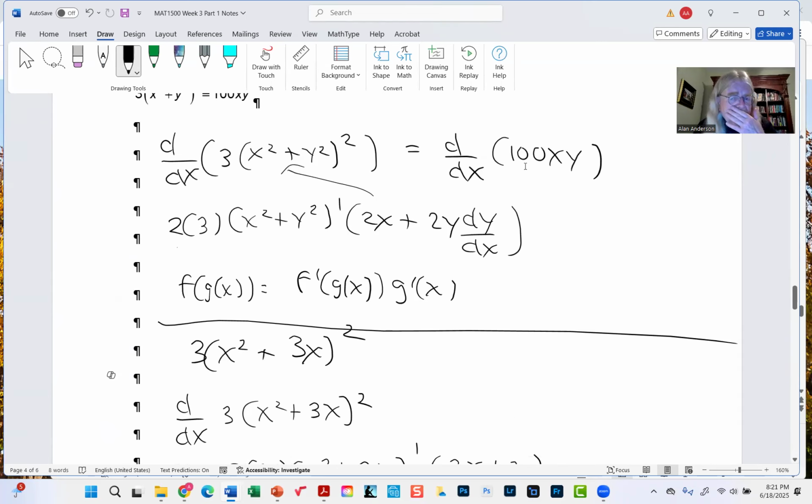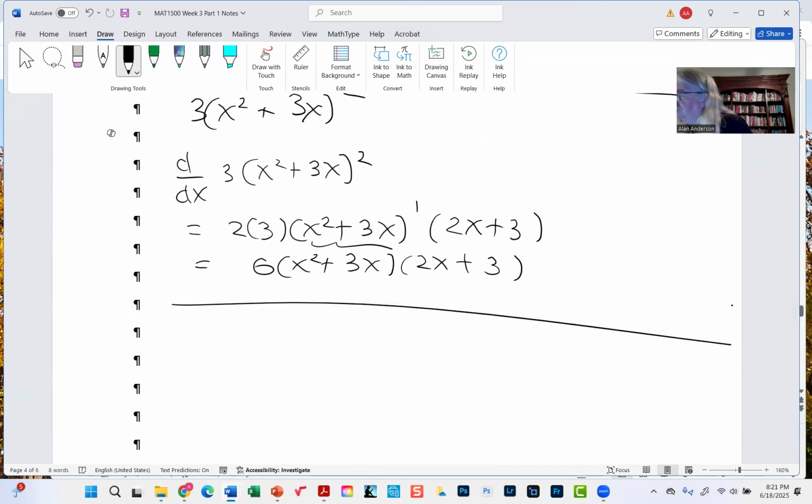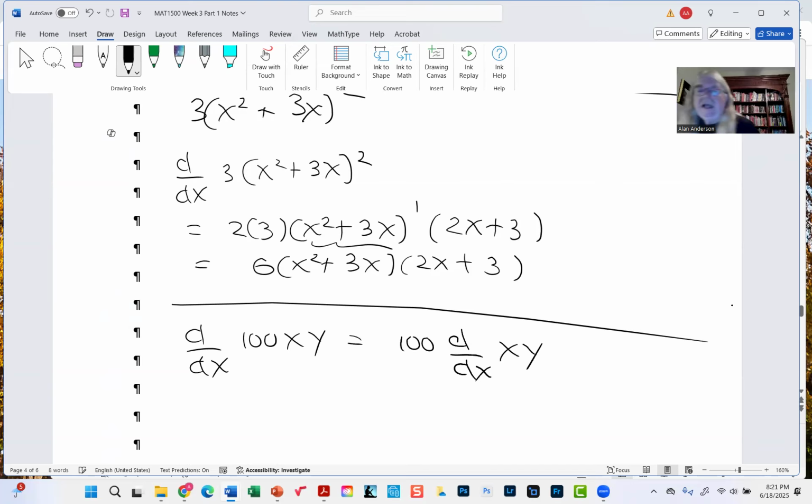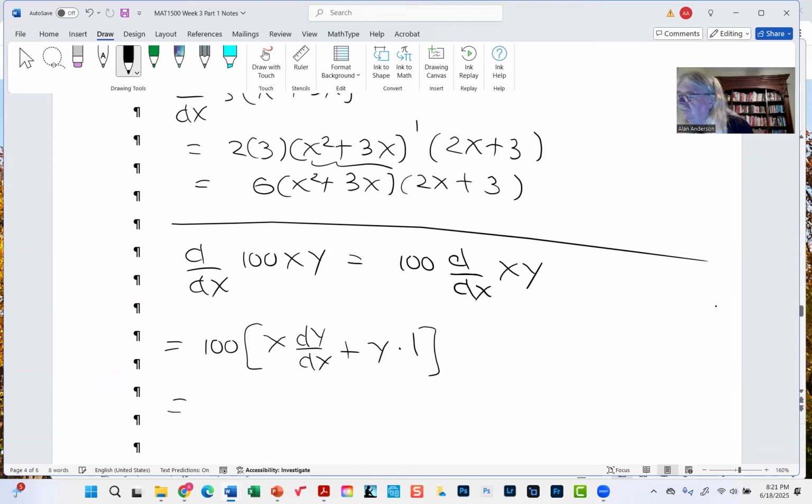So on the right-hand side, let's take a look at that. And again, it's the product rule. So we're going to have the first term times the derivative of the second, plus the second term times the derivative of the first.